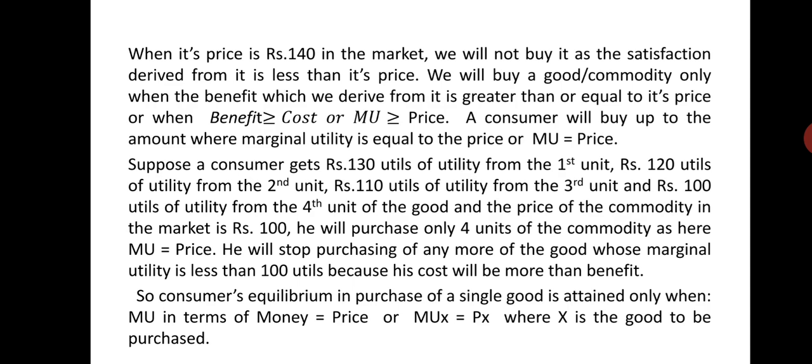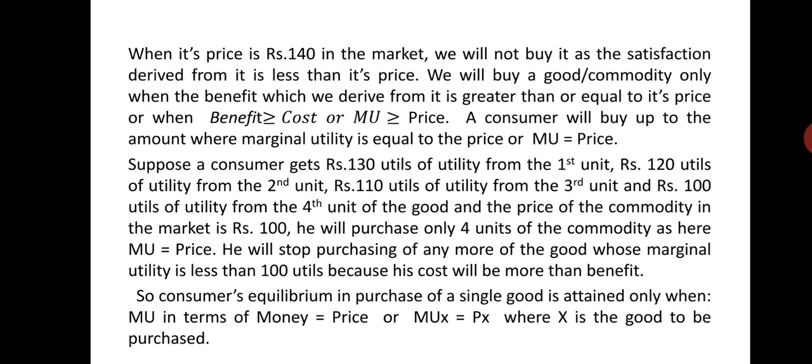And if the price of the commodity in the market is rupees 100, he will purchase only 4 units of the commodity, as MU is equal to price. The price of the commodity is rupees 100 per unit, and the marginal utility from the fourth unit is 100 utils.